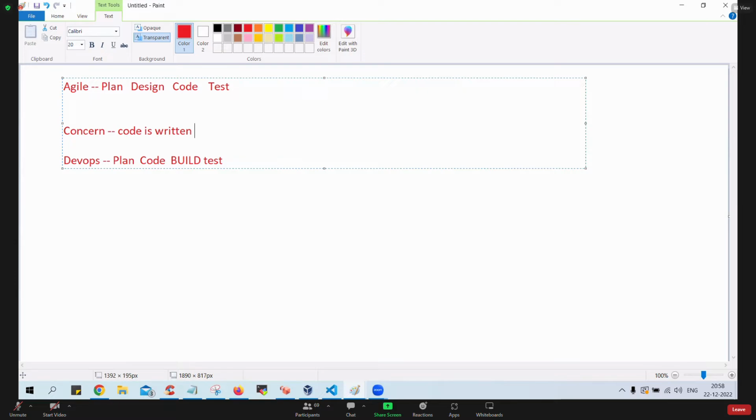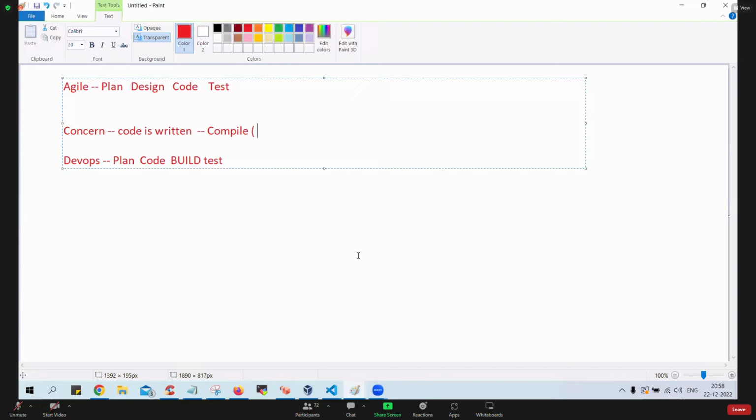Correct. So we do compile. That is the right answer. We are not expecting results immediately there. Once the code is written, we just do the compilation. Even when you are learning languages, they do it. But in the IT industry or the SDLC process, they call this segment build.